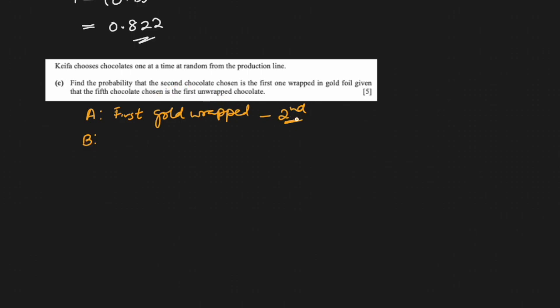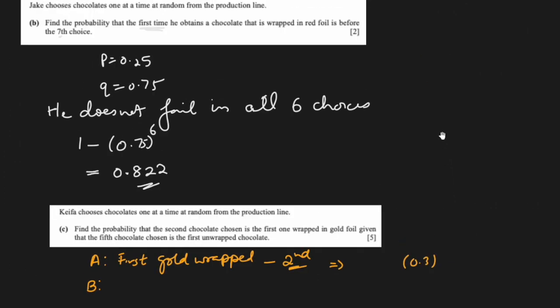That means before that we get something else. So it will be, we'll get something else, and then we get gold. Gold was 0.3, right? Gold foil 0.3.